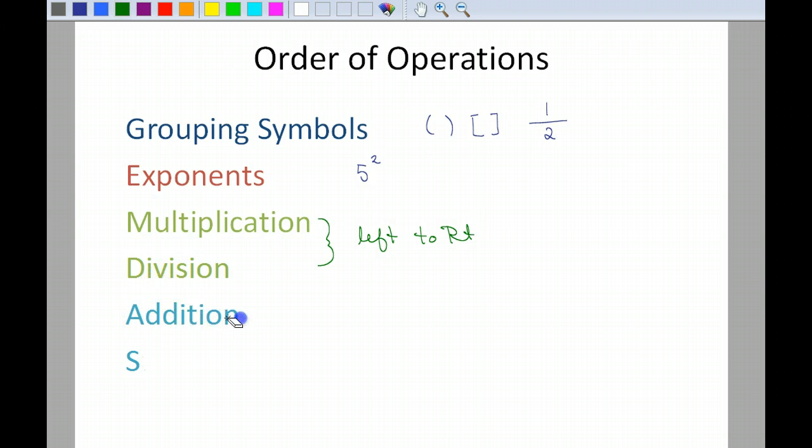Okay, next we have addition and subtraction, so they're kind of equal as well. Again, we're going to take care of these as we get to them in the equation when it's their turn, going from left to right. So it's not that you do all of your addition first and then all of your subtraction. You do addition, subtraction as you come to the problem left to right when you get to this portion.